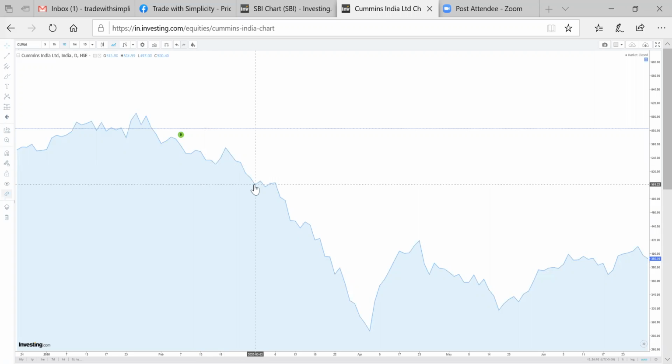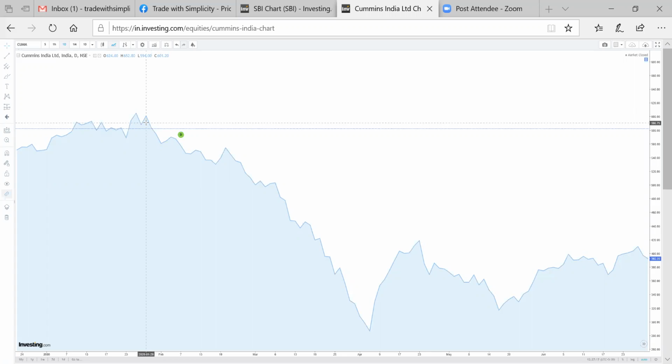Then this low, 500. Then this low, 497. Then this low, 437. So these are what? Lower lows. Okay.